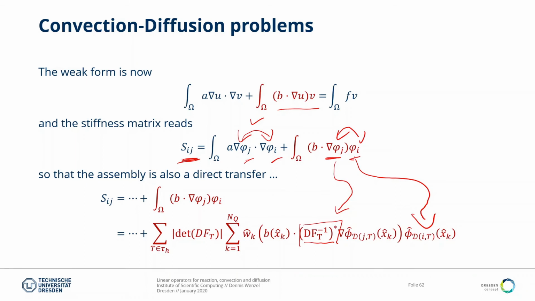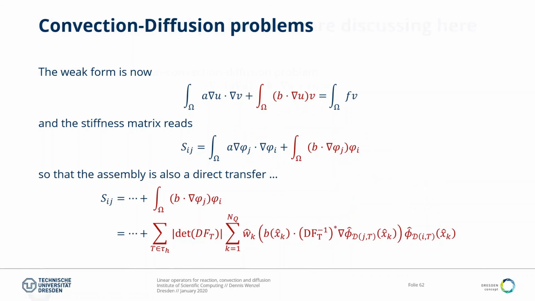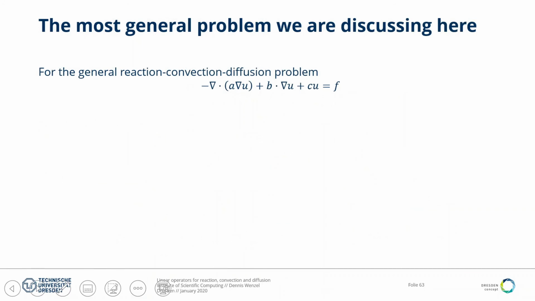But for the rest, I would say if you know how to assemble your diffusion term and you know how to assemble your load vector, then it's super simple to combine those two to also assemble this convection term. So the most general problem we're discussing here is this general reaction, convection, diffusion thing.